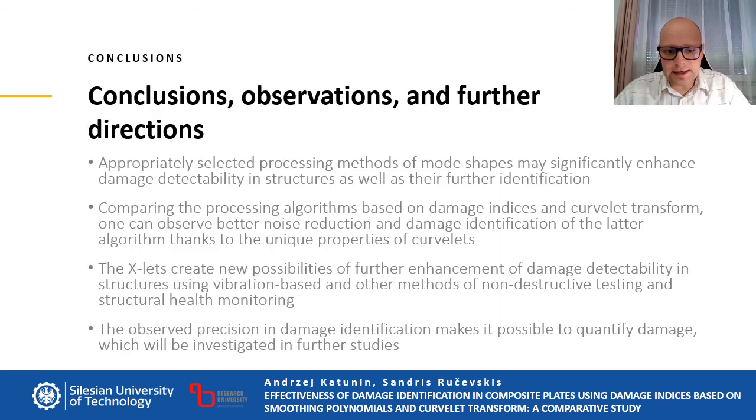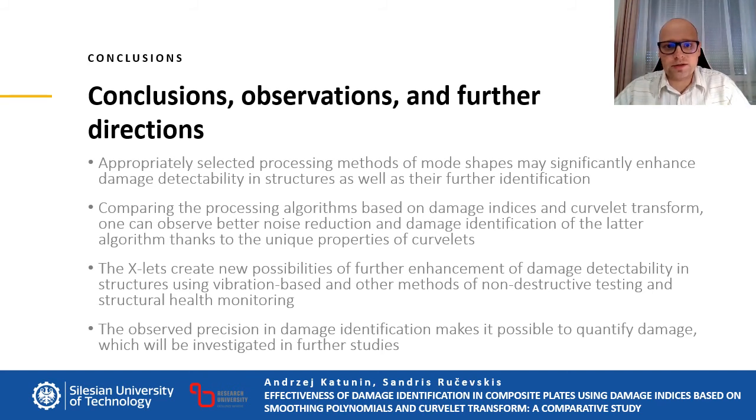As one can see, the processing of mode shapes is a very important step, which can show us much more information about state and condition of the structure than the raw data, but it is also very important to appropriately select the methods of processing.